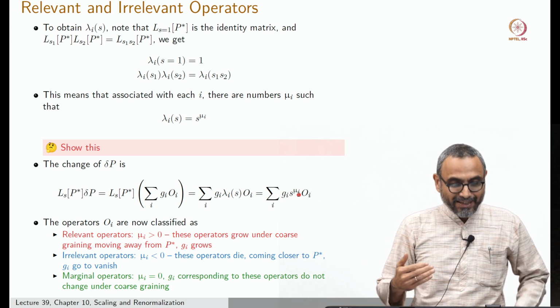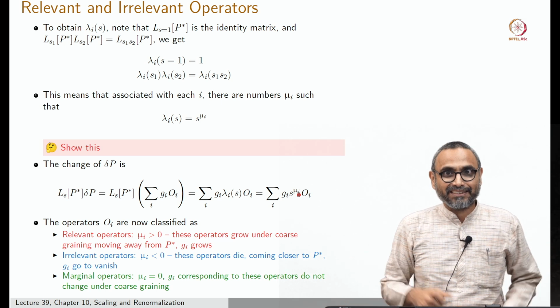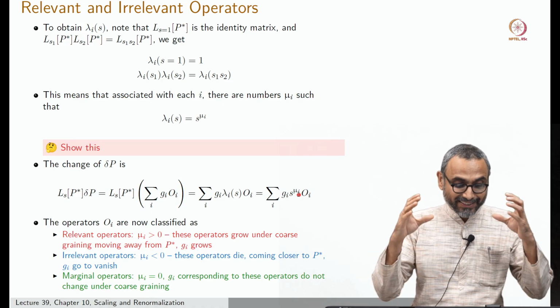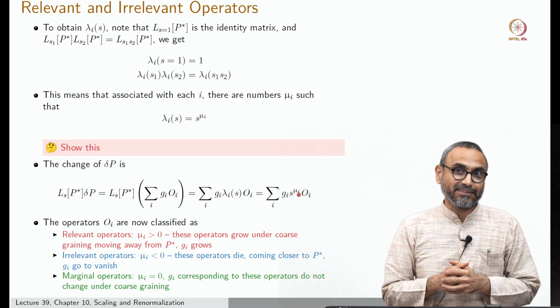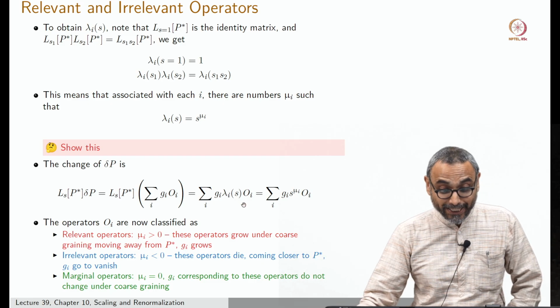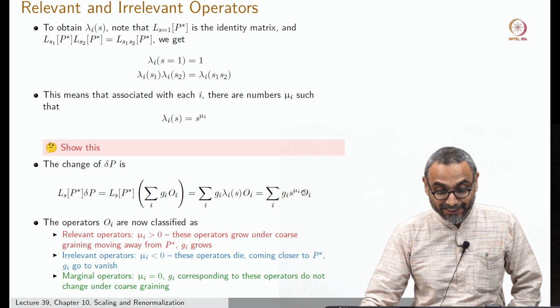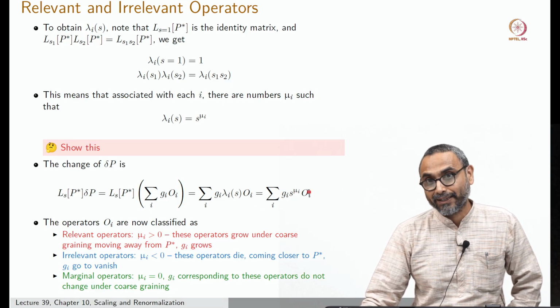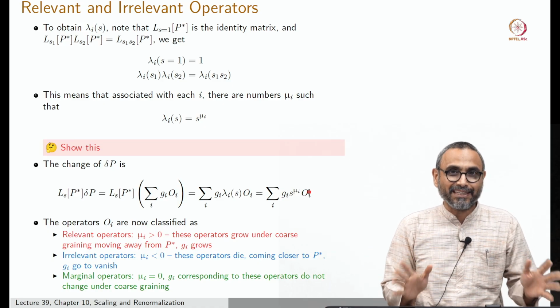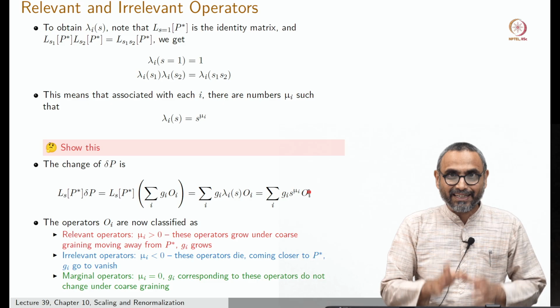And if it is marginal, it will remain unchanged. So we can classify the operators as relevant, irrelevant or marginal. Remember, at this stage we don't yet know what is the mu I corresponding to the operators O_I. All of this is formal. We are just saying that the operators will come in three types: relevant, irrelevant or marginal.